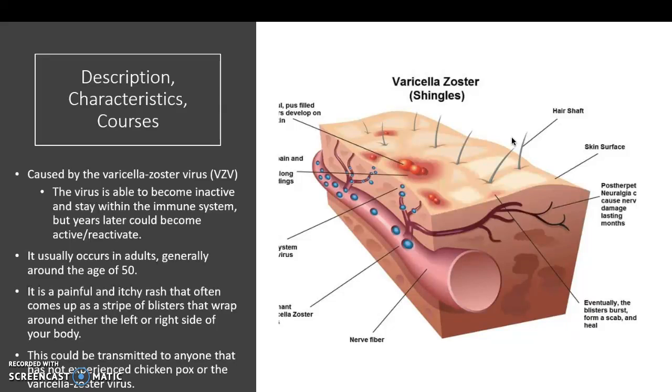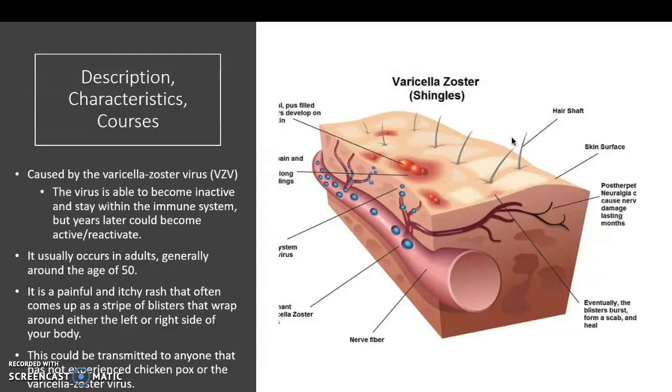Hi, my name is Morgan Frank, and I will be discussing the description, characteristics, and courses of the shingles virus. Shingles is caused by the varicella zoster virus, VZV. The virus is capable of becoming inactive and staying within the immune system, but later, in a few years, could become active or reactivate.